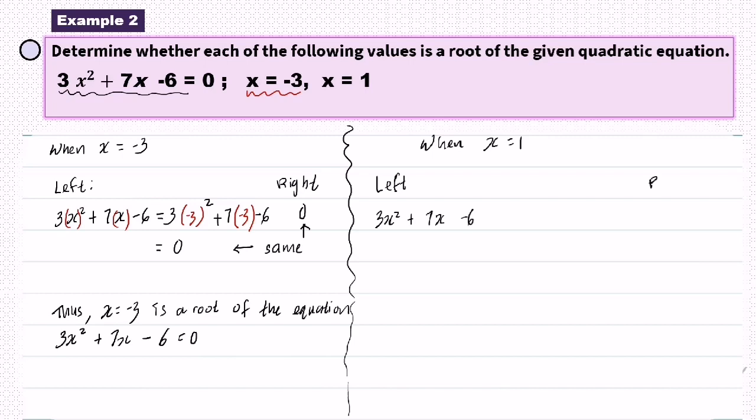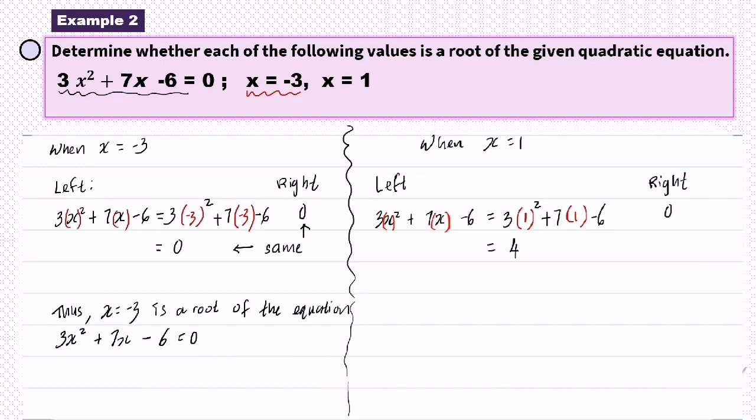At the right hand side, we have the value of 0. Again, we substitute the value of x equals 1 into here. 3 multiply 1 squared plus 7 multiply 1 minus 6 equals 4.